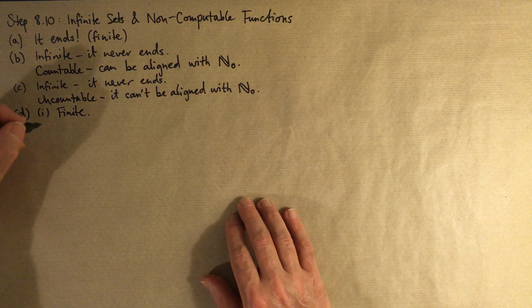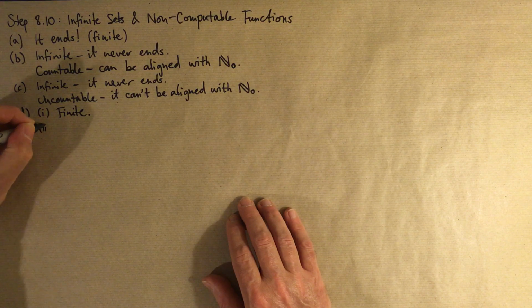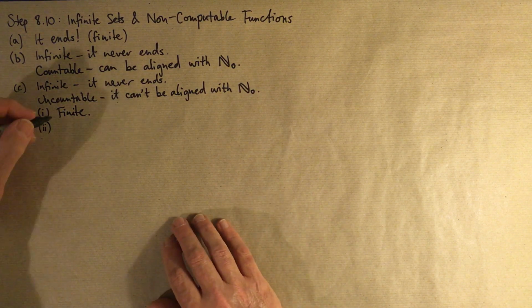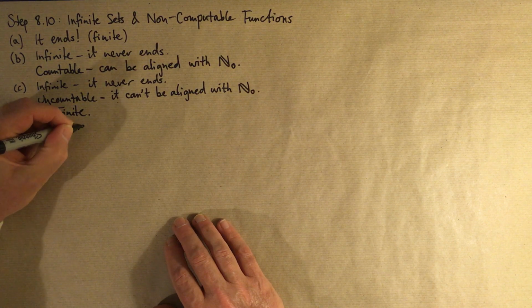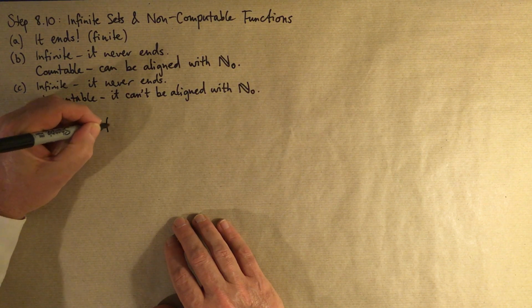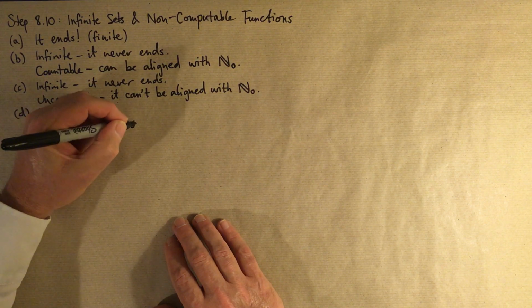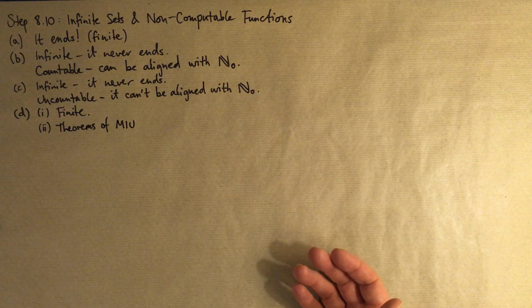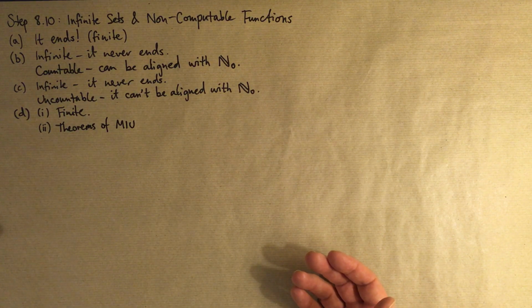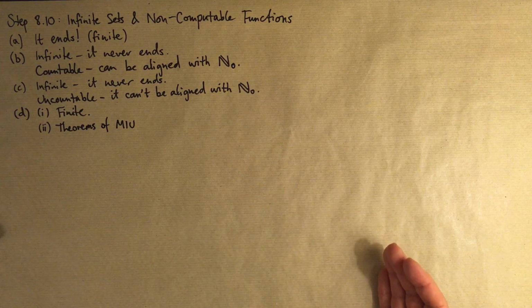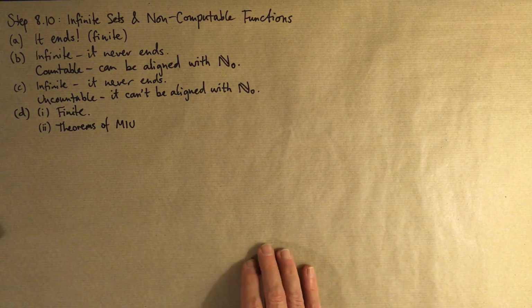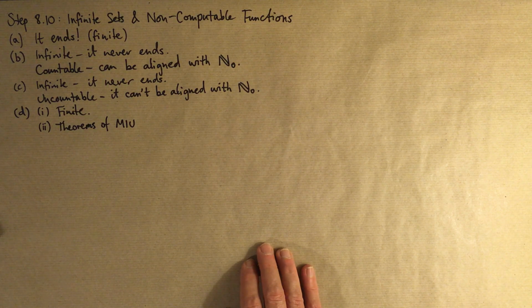Now the second one is Theorems of MIU. If you remember about MIU, you've got a doubling rule. So if Mx is a theorem, then Mxx is a theorem, where x is a schema variable.